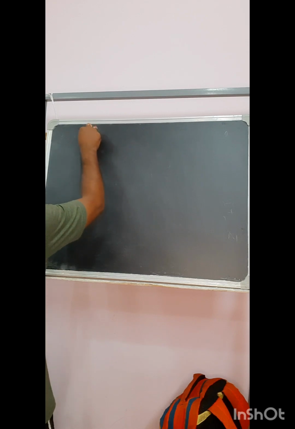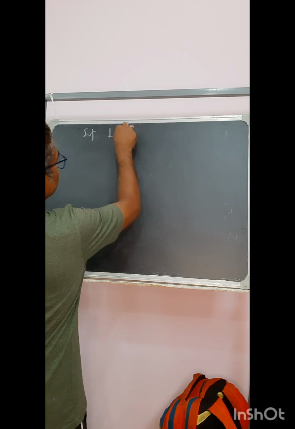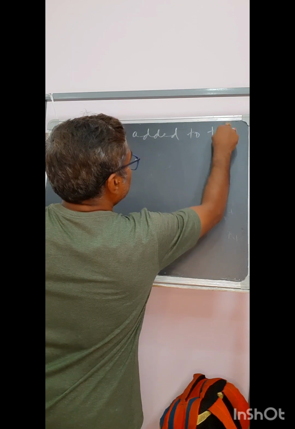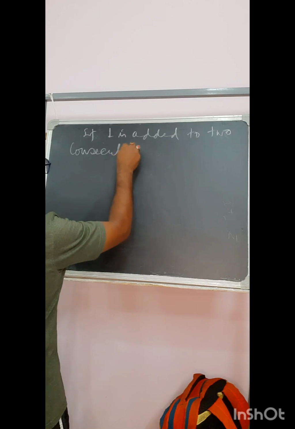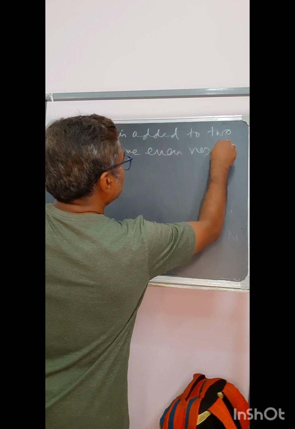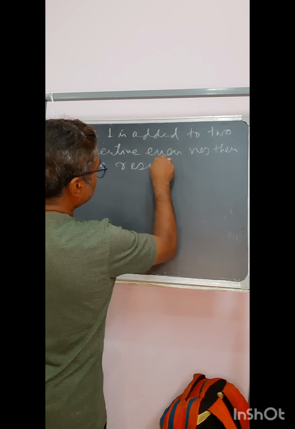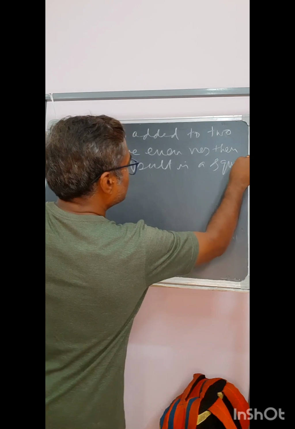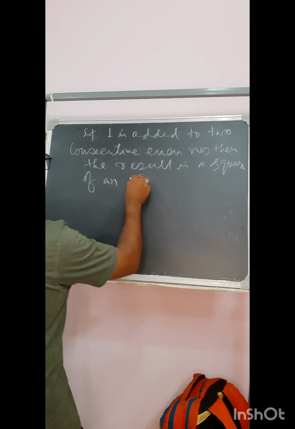The next one is just the opposite of that, and that also is true. Here, if 1 is added to the product of two consecutive even numbers, then the result is a square of an odd number.